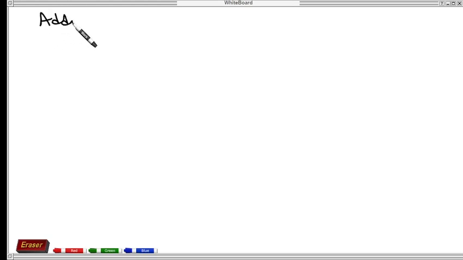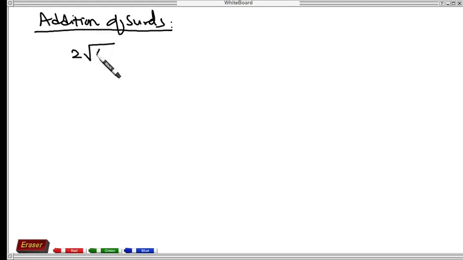First, addition of surds. Suppose we are given 2 times the square root of 4x squared plus 3 times the cube root of 8x cubed. First of all we have to convert into simplest form, then only we can add or subtract.